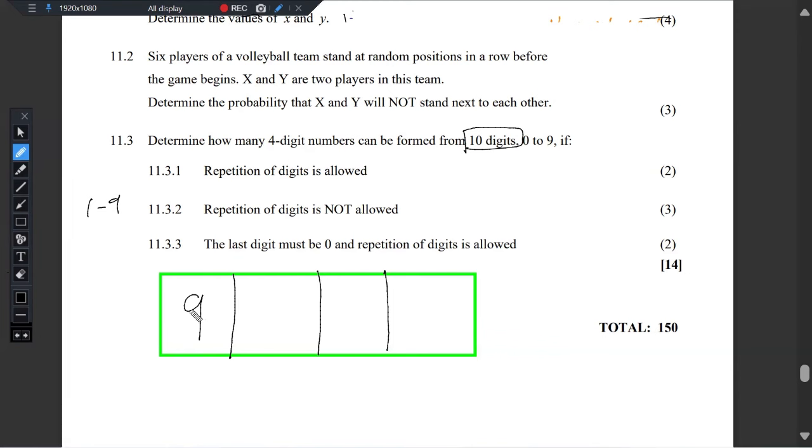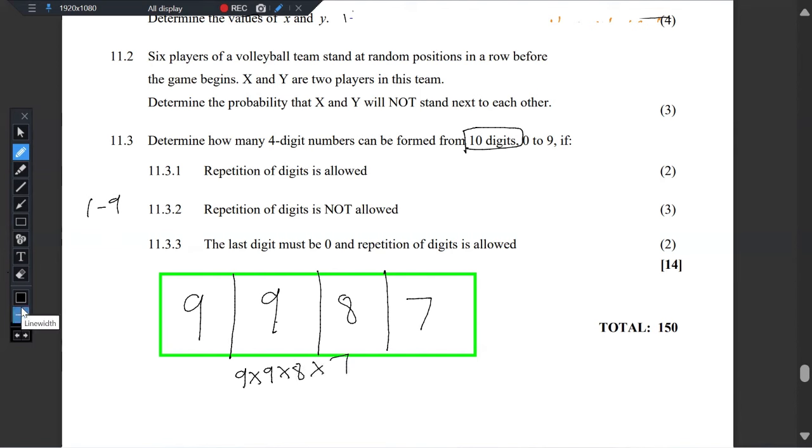So I can't repeat that number there. If it was a 5 that's in here, I can't repeat it. So that leaves me with a sample space of 9. And then here, because if I already put in this 2, I'm only left with 8. And then if I've already put 3, then I'm only left with options of 7, right? So I have to say 9 times 9 times 8 times 7.